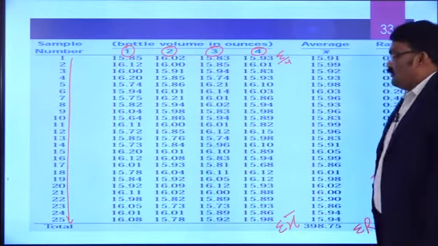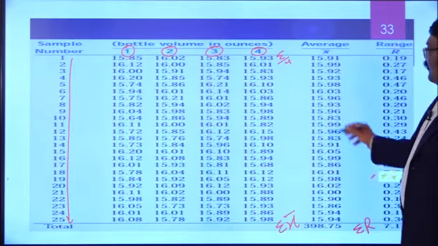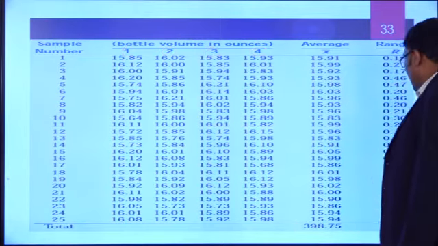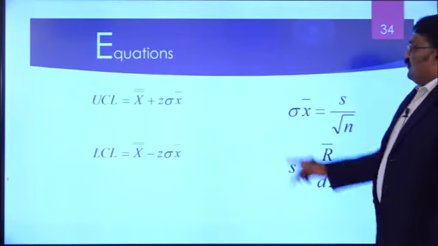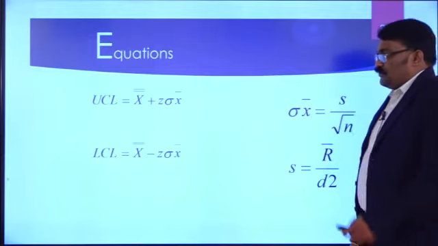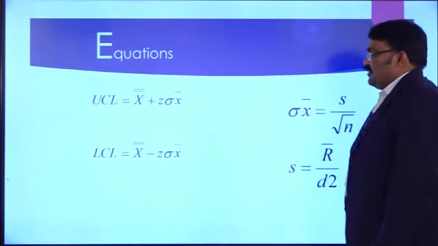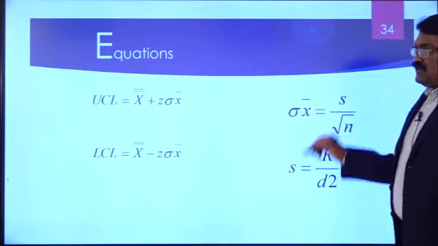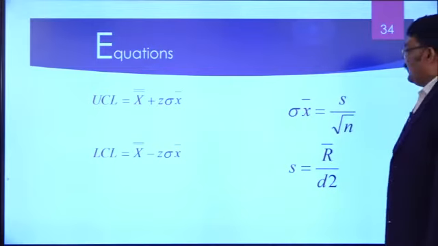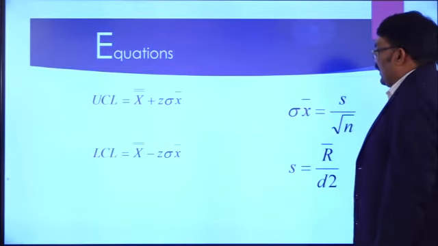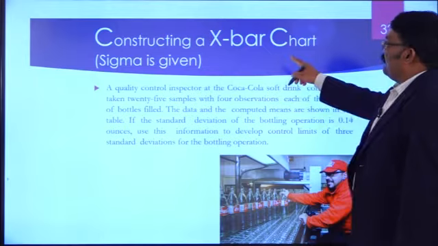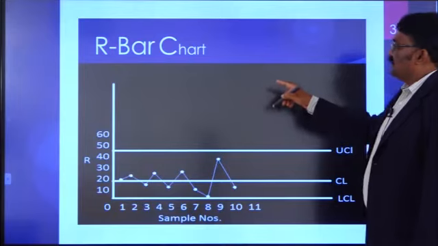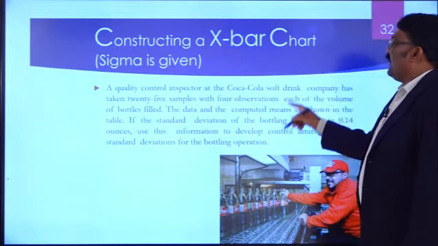Once we have found out the summation of x bar and summation of R, then we would have the problem based upon the calculation of standard deviation. This is exclusively for R charts, and x bar charts we are going to work out. We have already worked out the R chart previously. Now, we are working out the x bar chart.